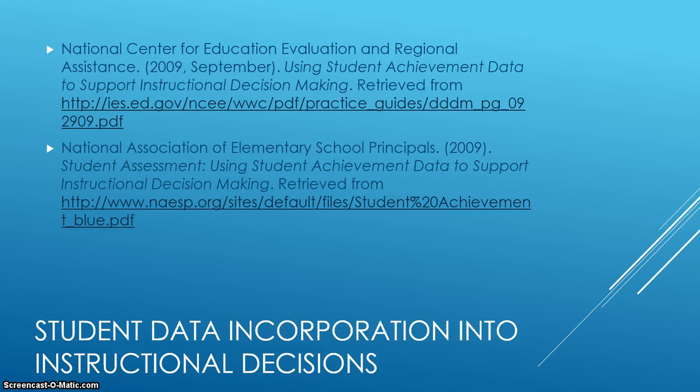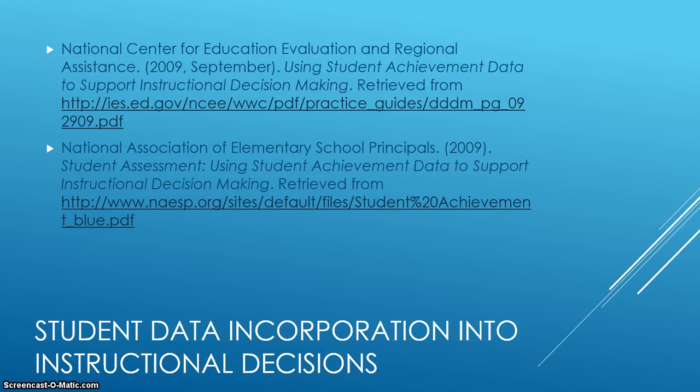The National Center for Educational Evaluation and Regional Assistance offers a very nice overarching student achievement data guide towards supporting instructional decision making. And jumping off of that, the National Association of Elementary School Principals has framed the same information within a principalship leadership instructional position.